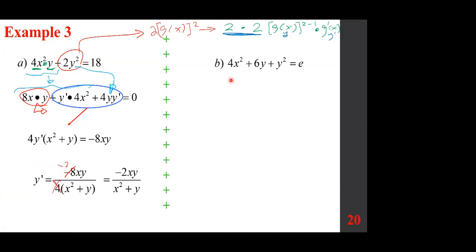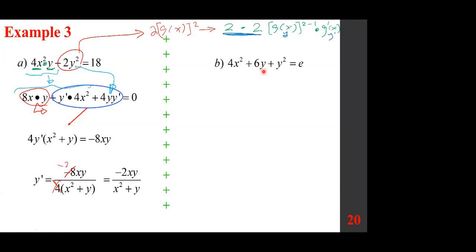Four x squared, everybody. Can anybody tell us 4x squared? What's the derivative? The good old 4x squared. 8x. Done. Plus 6y. Just 6. No. A 6 dy dx.